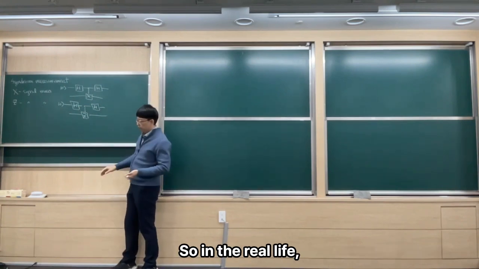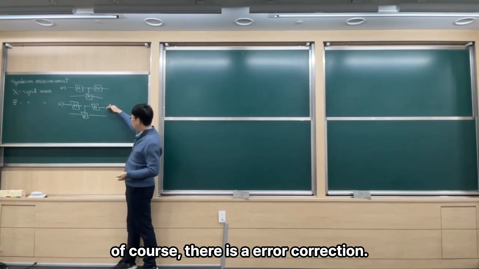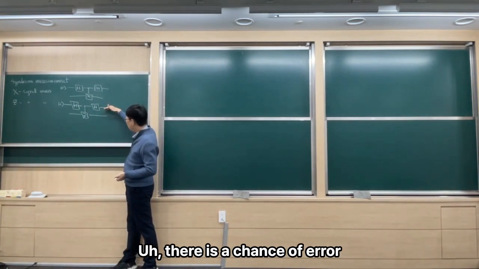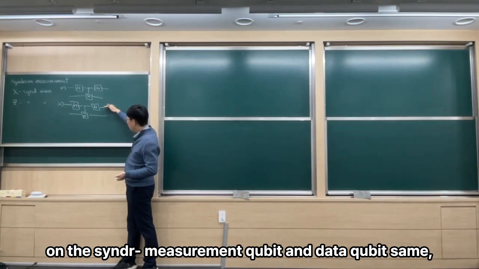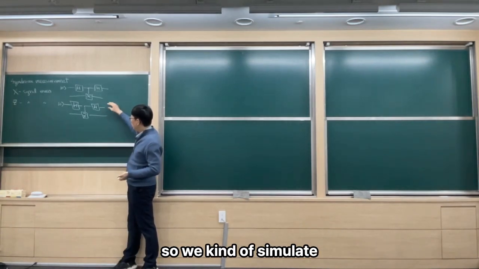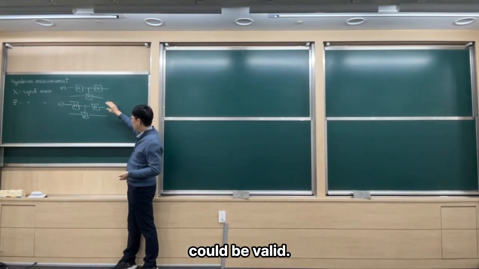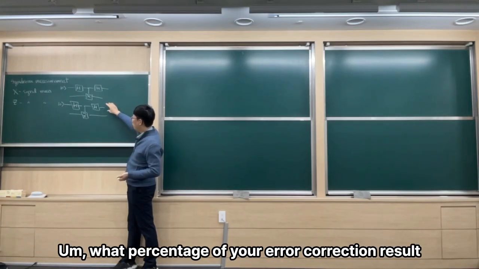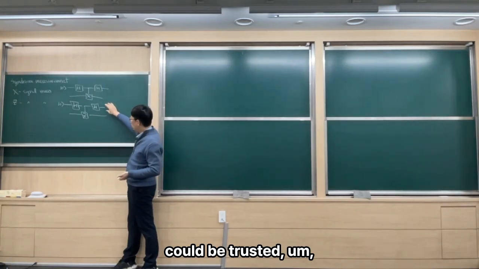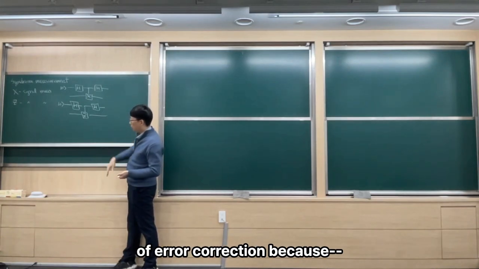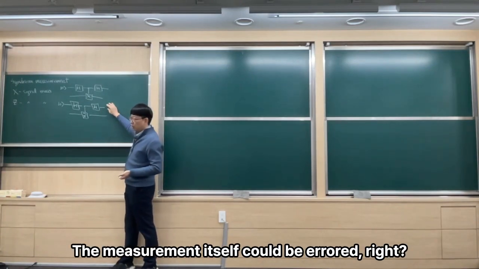In real life, of course, there is an error. There is a chance of error on the measurement qubit and data qubit, the same. So we simulate how much the error detection could be valid, what percentage of your error correction result could be trusted, because the measurement itself could be errored, right?